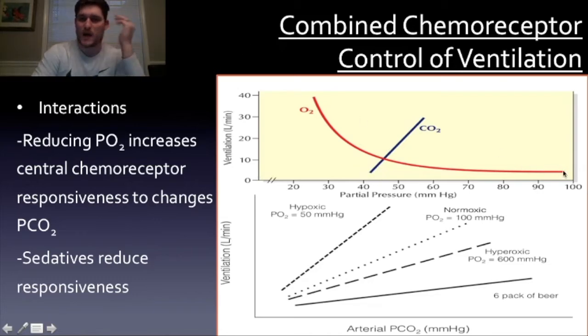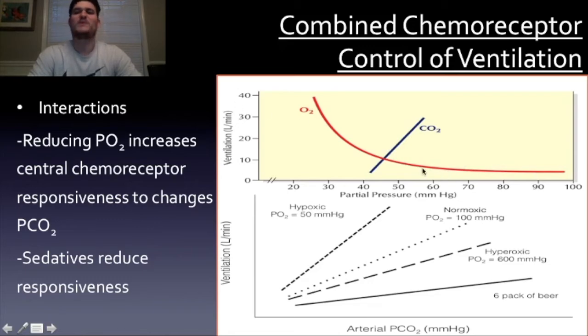So normally our alveolar PO2 is something around 100, and arterial PO2 is right near that number as well. So here is going to be our resting ventilation, and our resting PCO2 levels right around 40 to 45 within that blood. And so if PO2 starts to decrease, you see you go from 100 to 90 to 80 to 70, even to 60, there's not much change here in ventilation, okay?